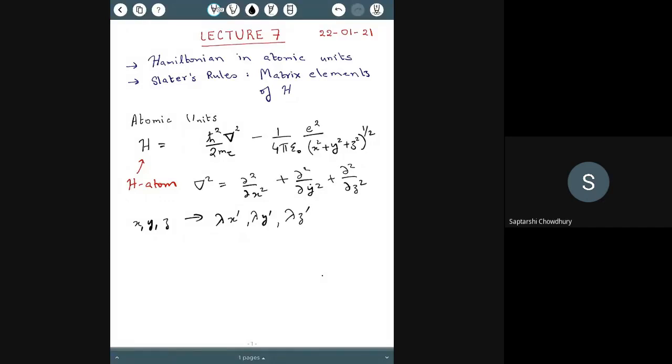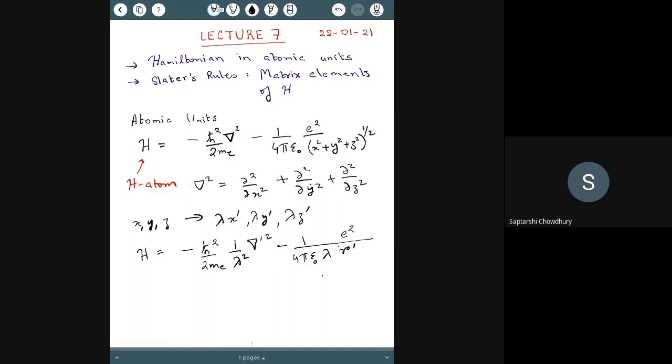In doing so, my Hamiltonian becomes, oh, sorry, I missed a minus here: minus h cross squared by 2me. I will get a lambda squared out over here, and I will get a del prime squared. And a 1 by 4 pi epsilon 0, a lambda will come out over here, and I have an e squared by r prime, since I've shown the scaling.